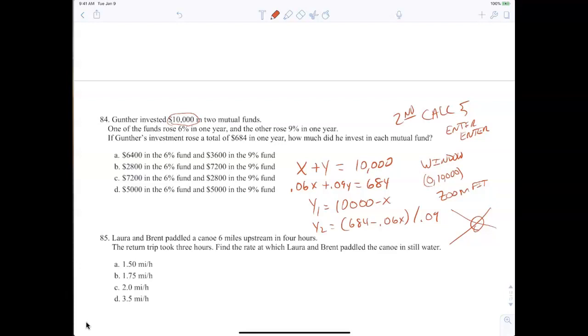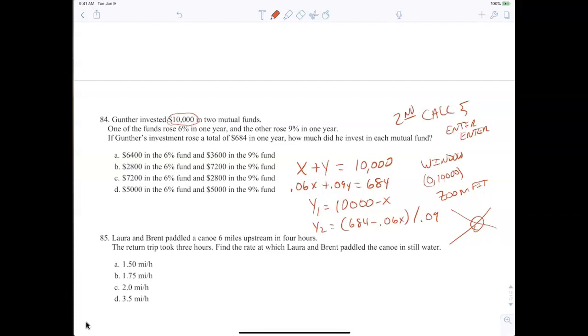I'm going to go ahead and do that on my calculator just to make sure everything is good. So I'm going to type in 10,000 minus X, and then parentheses 684 minus 0.06X. Then I'm going to divide that by 0.09.